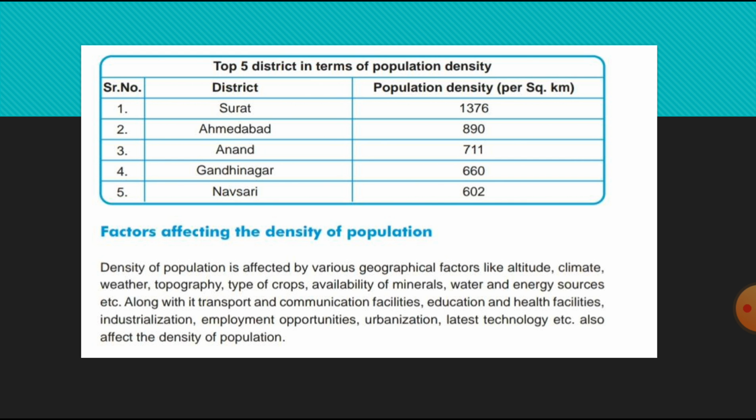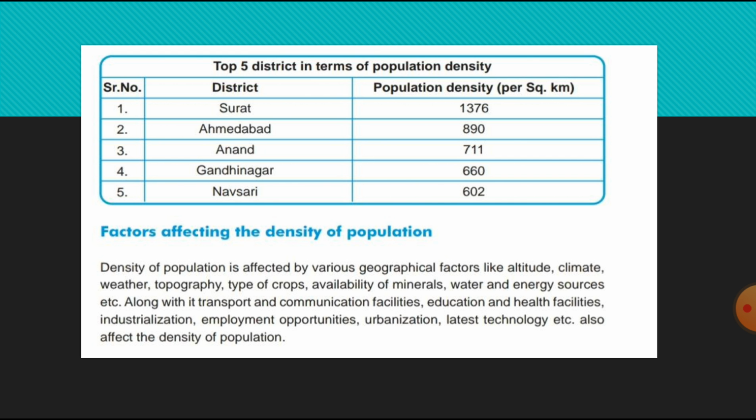The density of population of an area depends on many factors like environment, land surface, availability of water, electricity, crops, minerals, energy resources, etc. See, along with this, transport and communication facilities, education and health facilities, industrialization, employment opportunity, urbanization, and latest technology, etc. All these affect the density of population.